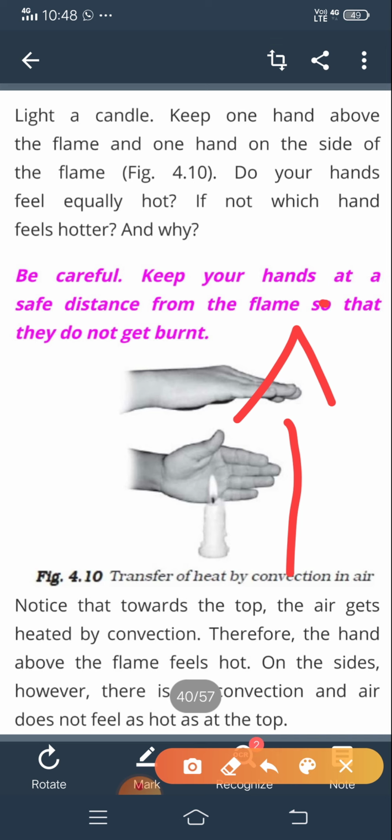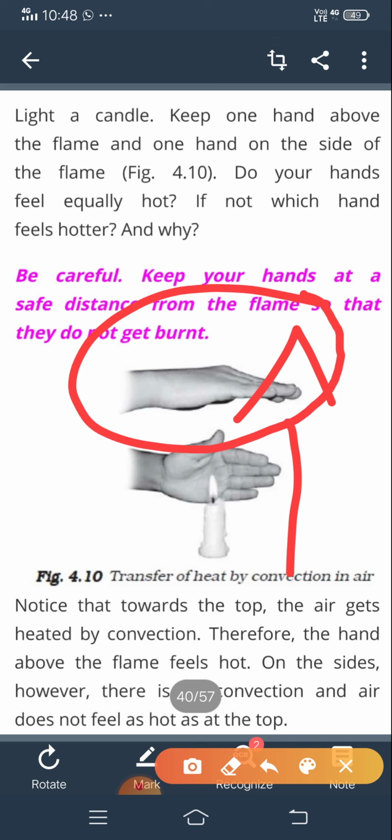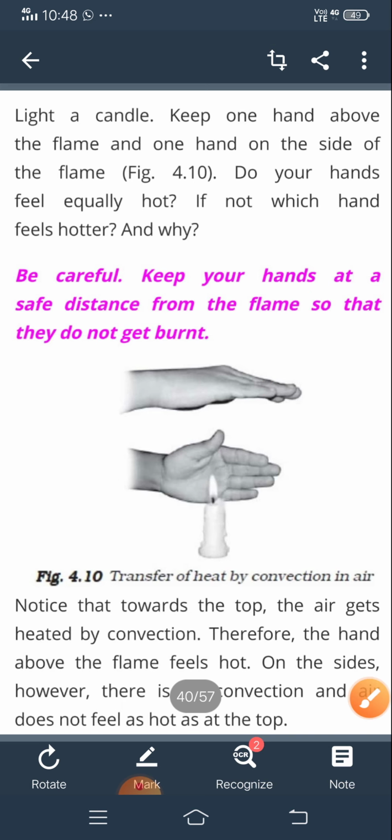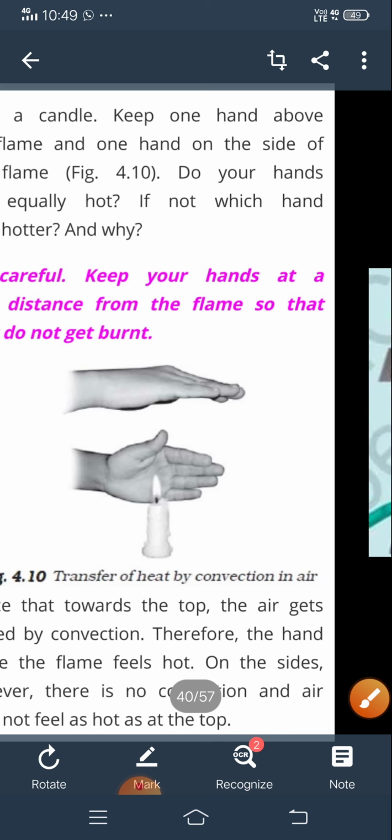Therefore, the hand above the flame feels hot, and the hand at the side does not feel as hot as at the top. Is it clear about all this?